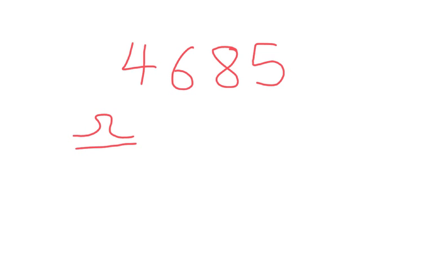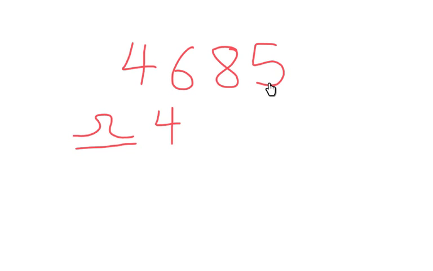Correct 4,685 to the nearest 100. 4,685: 5 units, 8 tens, 6 hundreds. So we'll have 4,000, and then we'll round up 5 units.